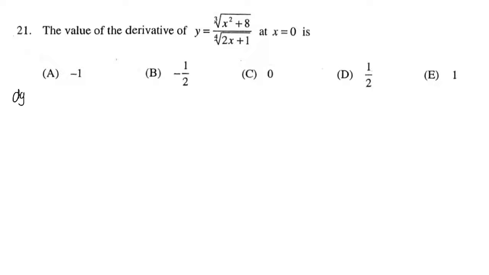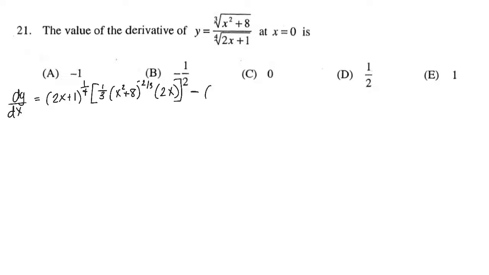So our derivative dy/dx is going to be the bottom, so we have (2x plus 1) to the 1/4 times the derivative of the top, and the derivative of the top we have to do our chain rule, so we have 1/3 times (x squared plus 8) raised to the negative 2/3, and that is times 2x.